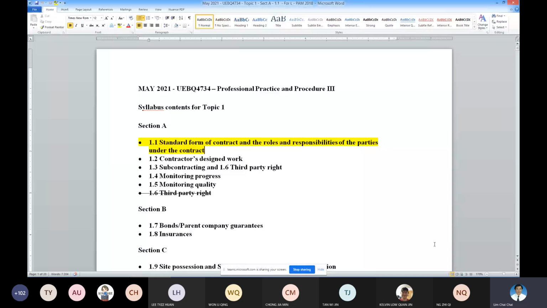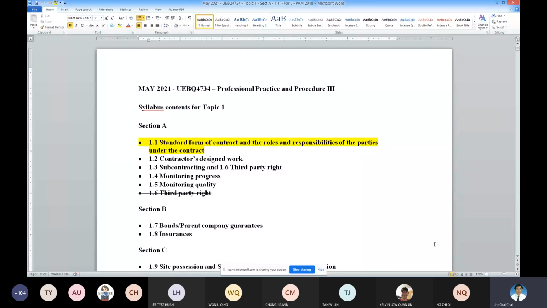Okay, so now this subject, professional practice and procedure, is the application of the basic contract and your construction law. But the contract is not a normal so-called business contract. The contract that we are dealing with under this professional practice and procedures is based on the construction contract.